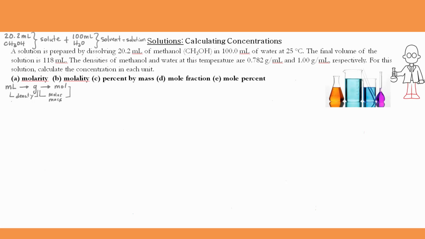So we start out with 20.2 milliliters of CH3OH. To go from a volume to a mass, we use the density, and the density is given here. So what this says is for every 0.782 grams of CH3OH, it occupies 1 milliliter of volume.